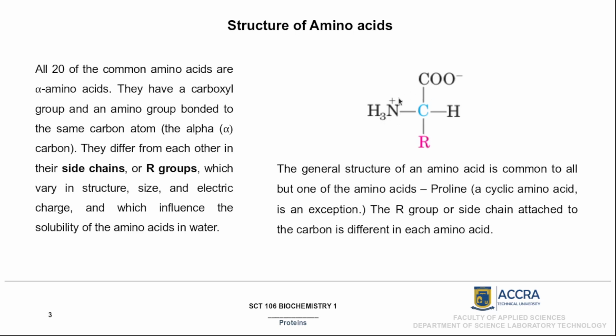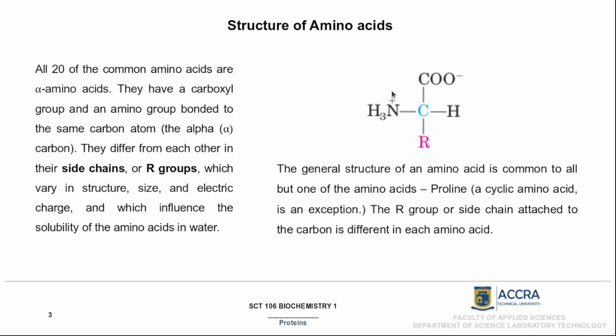So this is where the name amino acid comes from. The amino group gives the part of the name amino, and the carboxyl group is the carboxylic group of carboxylic acids. So these two combined together give you the name amino acid.